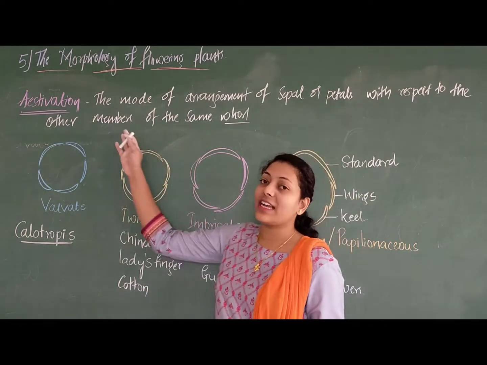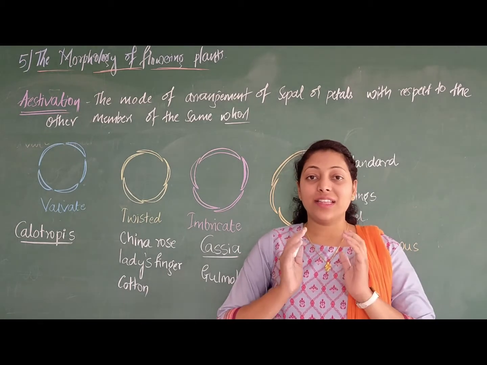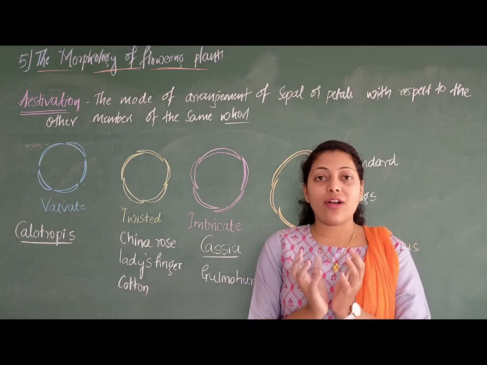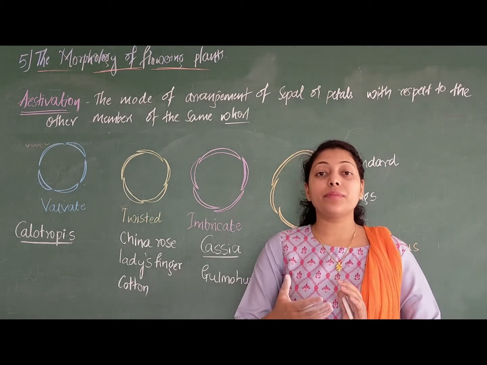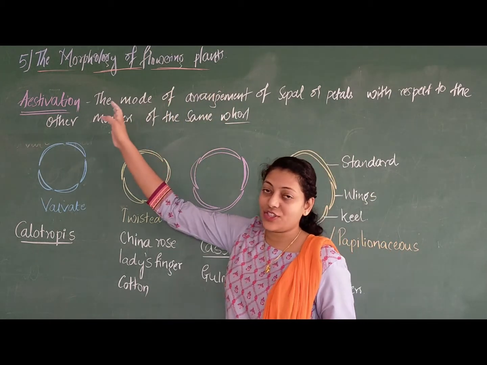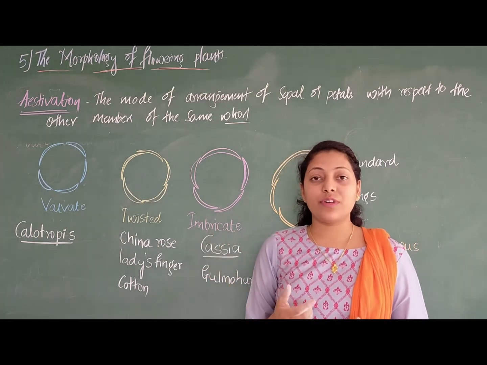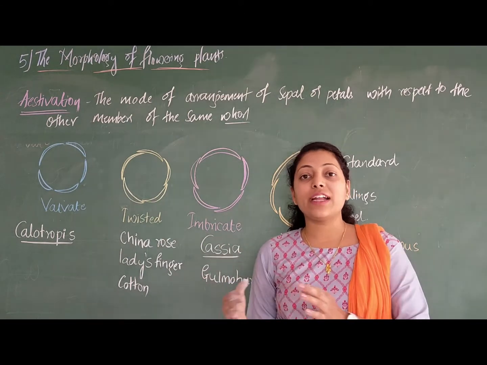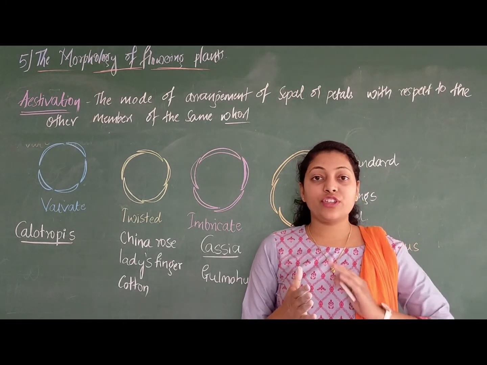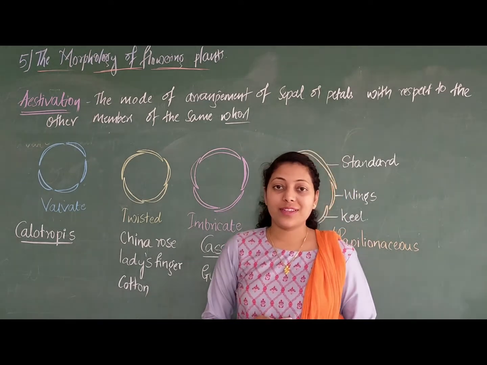I have told you that aestivation is the mode of arrangement of sepals or petals with respect to the other members present in the same whorl. You need not confuse this word aestivation with the animal word aestivation. Make sure aestivation in the plant kingdom is quite different from aestivation in animals.